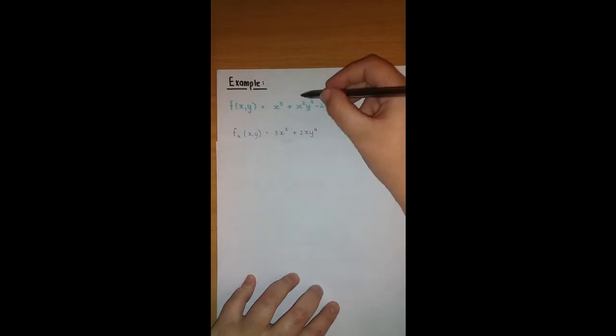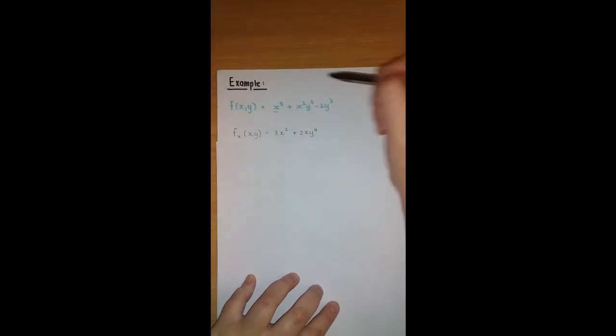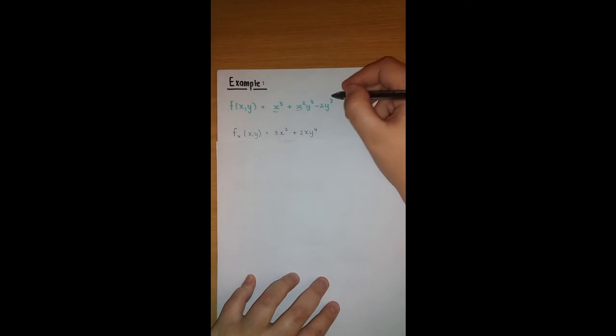If we look at the terms that contain an x, it is the first one and the second one. Since we take the partial derivative towards x, we take y as a constant, so this whole term would become a constant, and when we derive towards x, it would just become 0.